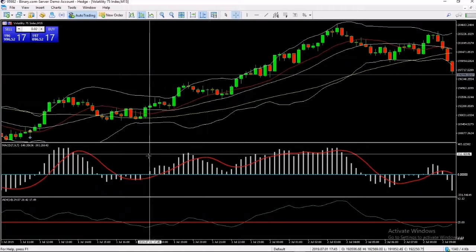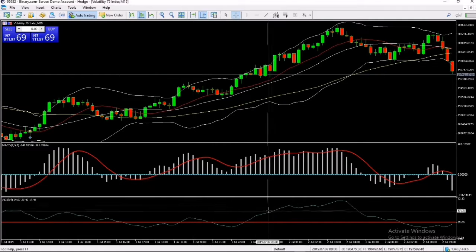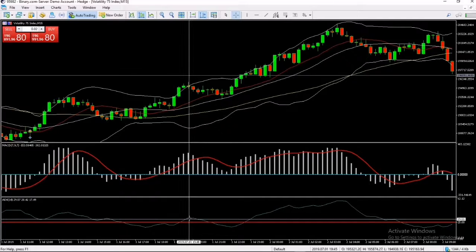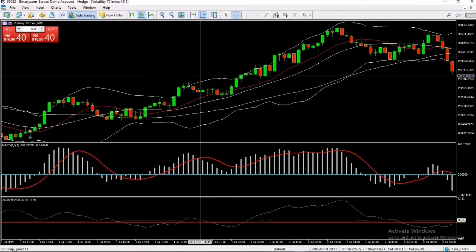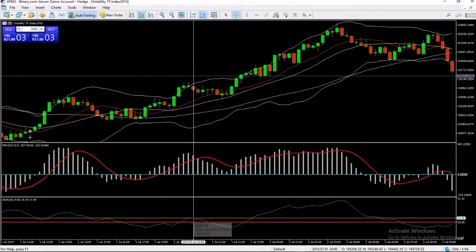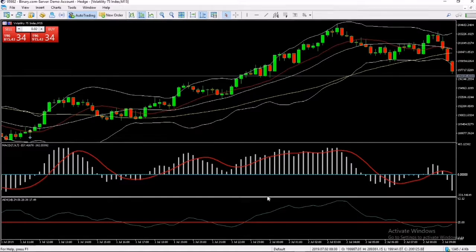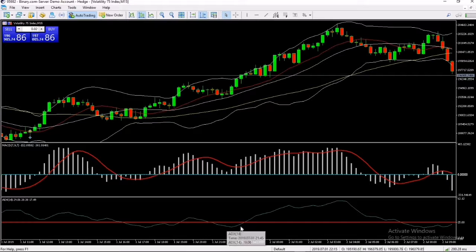You understand? So what the ADX tells us is whenever this blue, this green or cyan, whenever this line, let me change back to the cursor, whenever this particular line is above the red line and not touching the red line or below the red line, it is good to pick a trade.